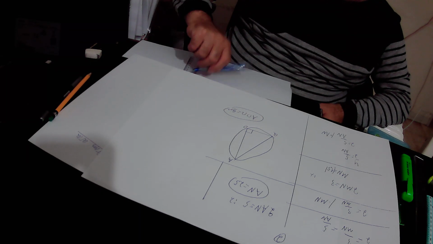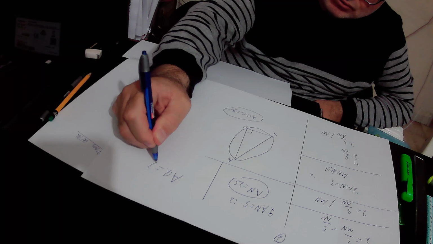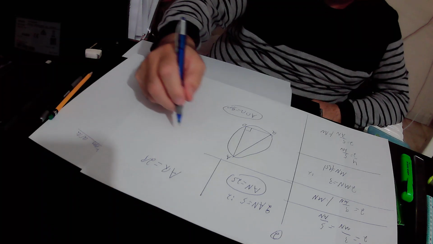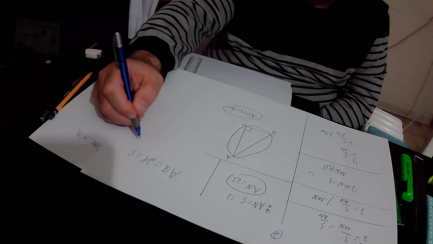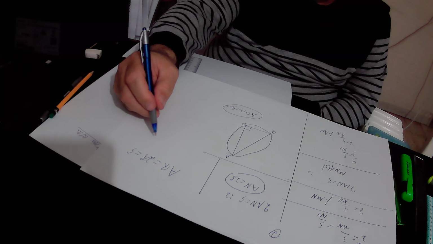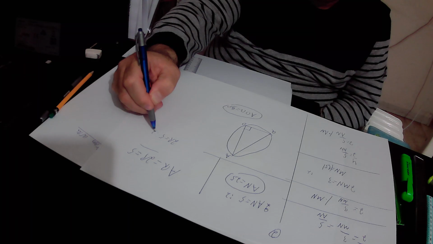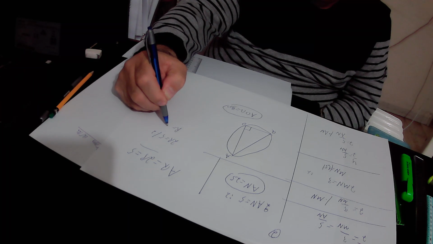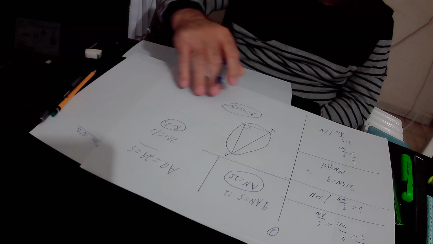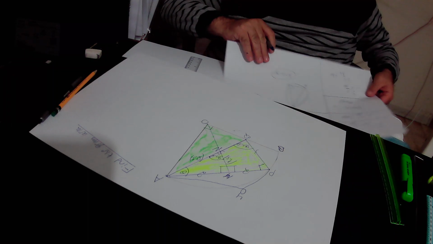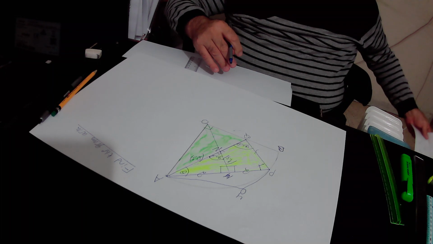So AQ equals 2R, and it is given that AQ equals 5 units. So 2R equals 5. We divide by 2 and get that R equals 5 over 2, that is 2.5 units. The radius of the circle equals 2.5 units.